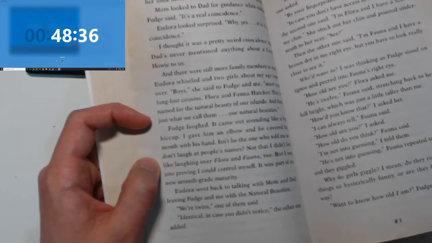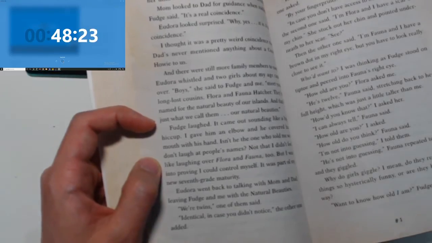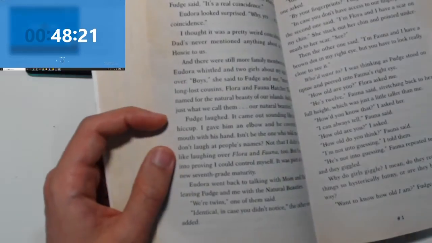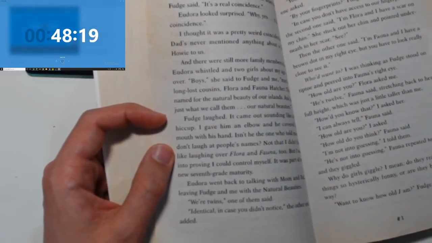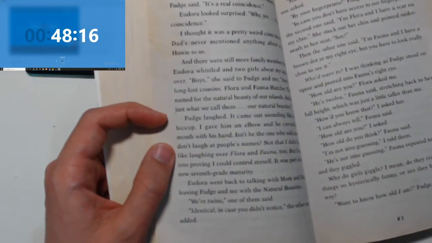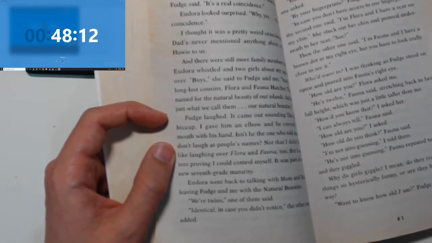Aldora went back to talking with Mom and Dad, leaving Fudge and me with the natural beauties. We're twins, one of them said. Identical. In case you didn't notice, the other one added. You want to know how to tell us apart? the first one asked. By your fingerprints? Fudge asked. In case you don't have access to our fingerprints, the second one said, I'm Flora and I have a scar on my chin.